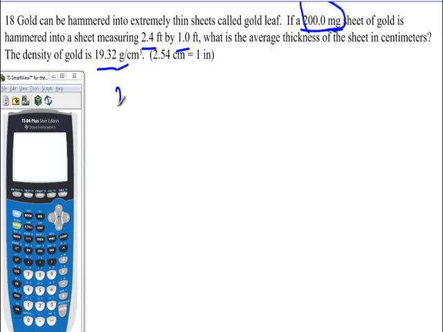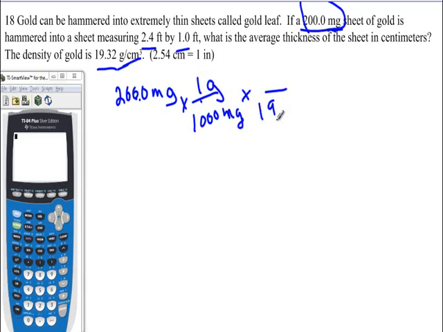So if I have 200.0 milligrams, what I know is 1,000 milligrams is 1 gram, right? And this tells me that there are 19.32 grams in 1 centimeter cubed.